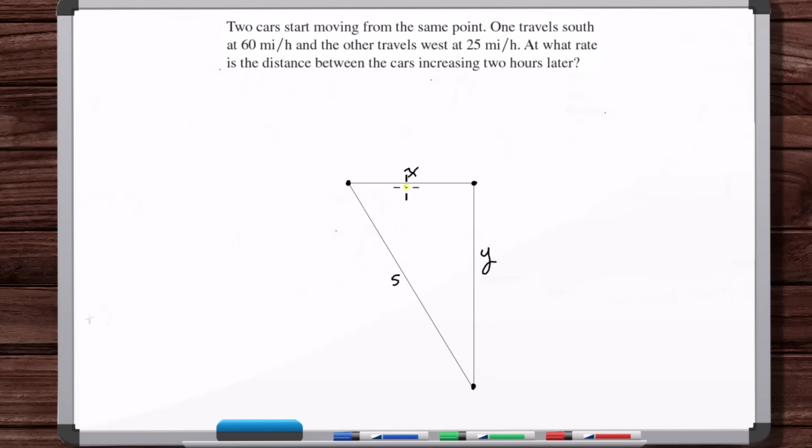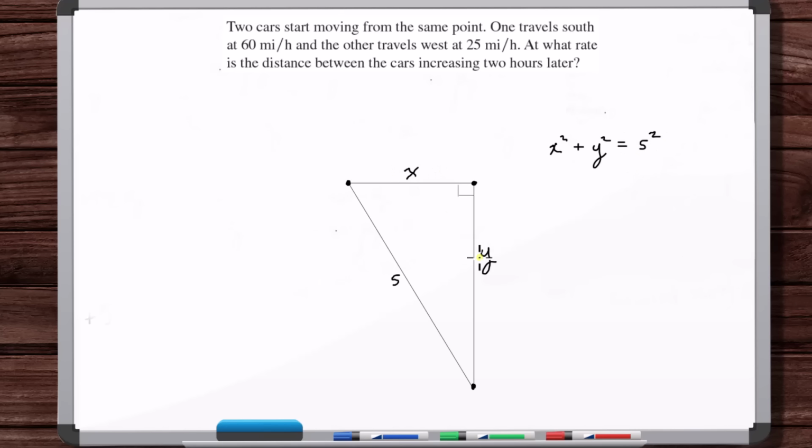How is the position of this car and the position of this car related to the distance between them? Well, if this one's traveling west and this one's traveling south, we know that their travel directions are perpendicular, so we can use the Pythagorean theorem. X squared plus Y squared is equal to S squared.